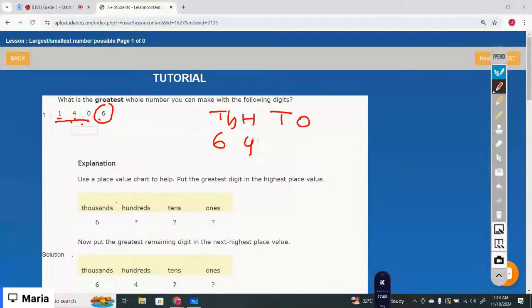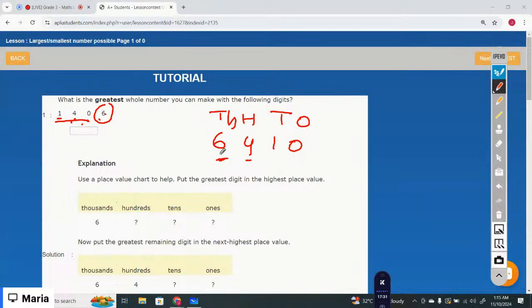Write it at the next place value. Then you have 1 and 0. 1 is greater, the least one is 0. So that is 6, 4, 1, 0. Because you need to write the greatest number, so write the greatest number at the greatest place value and keep doing the same until the last number.